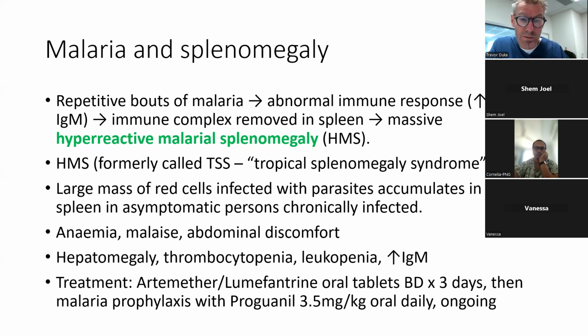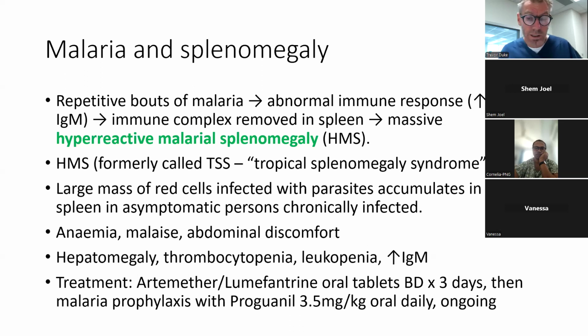One is to remove the damaged red cells, the parasitized red cells, and the other one is to remove all the antigen-antibody complexes that occur because of high levels of circulating immunoglobulin M, IgM. And that leads to, as you know, massive splenomegaly, often thrombocytopenia, because the platelets also get consumed within a large spleen, sometimes leukopenia, and a very marked increase in IgM.